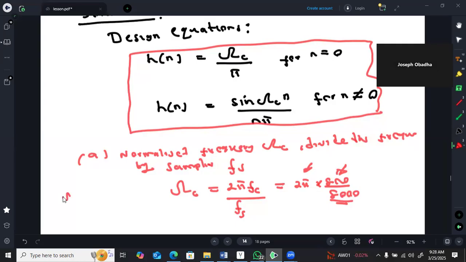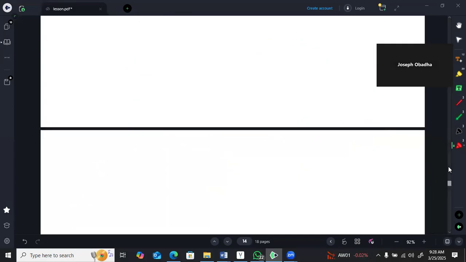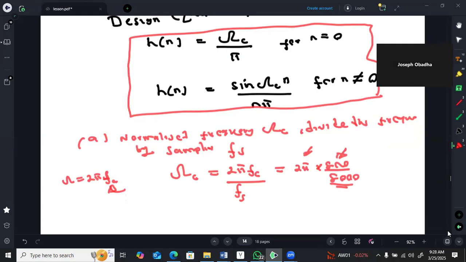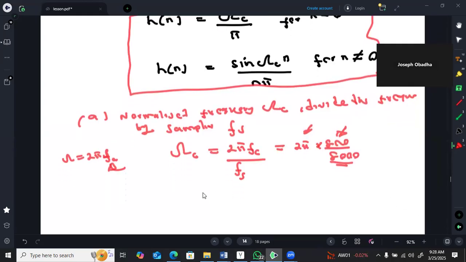Since omega is given by 2 pi times f, we can get the normalized value by dividing the cutoff frequency 800 by 8,000, which is the sampling frequency. So this gives us a frequency of omega c equal to 0.2 pi radians.